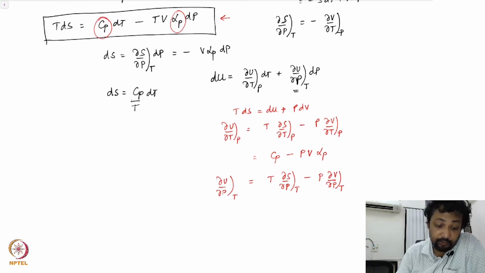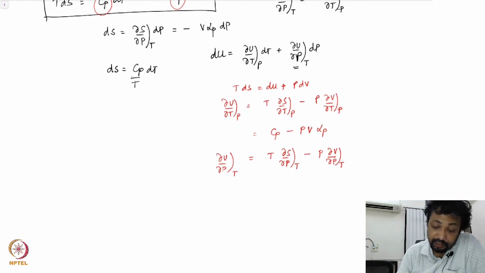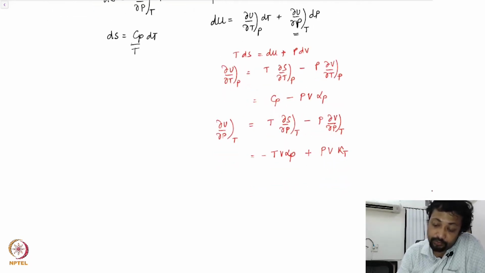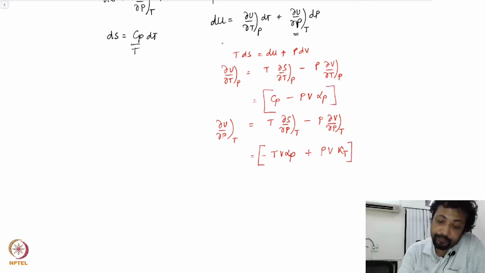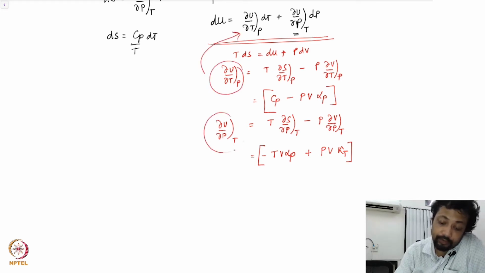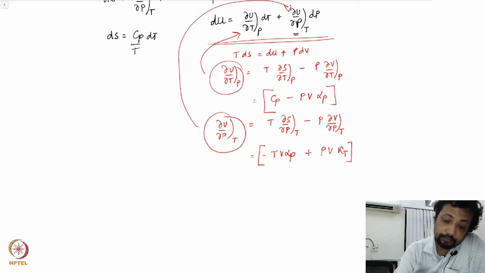Again, I know what del S del P at constant temperature is. This is just going to be minus T V alpha P plus P V kappa T. So once you know both of these, you can clearly substitute them over here to figure out the change.